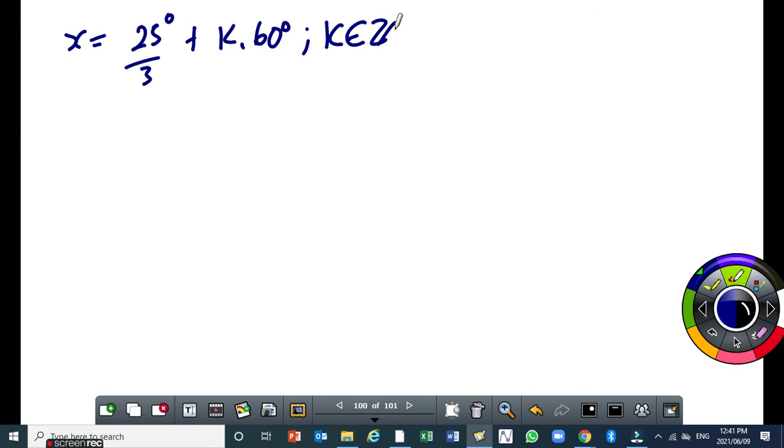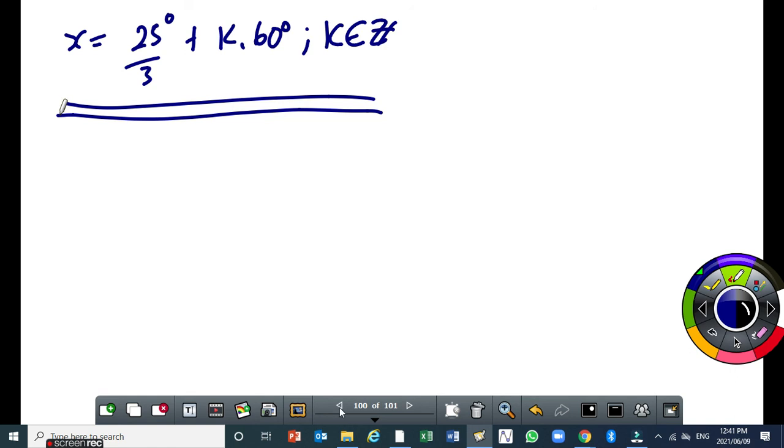So we're not supposed to use the calculator, so we can stop there. If you want to divide the 25 by 3, that's fine, but you can leave it like that because you're not supposed to use a calculator. So this is the first one.